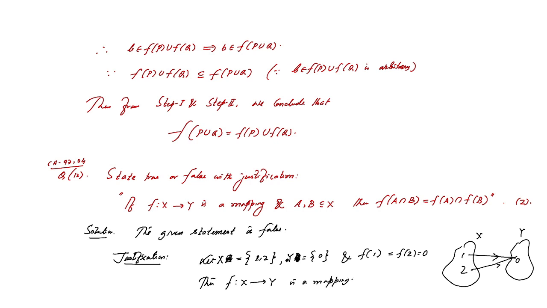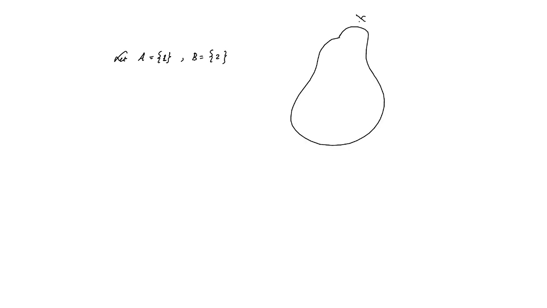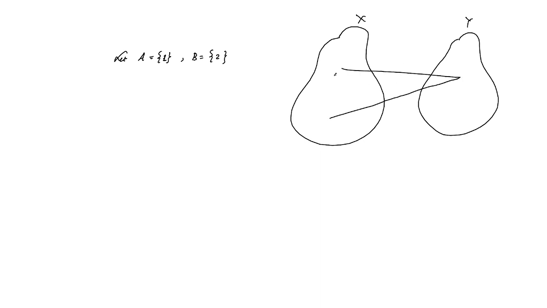Now we consider the sets A and B. Let A equal the singleton set {1} and B equal the singleton set {2}. This is your X and this is your Y, and 1 and 2 under the map f both go to 0.